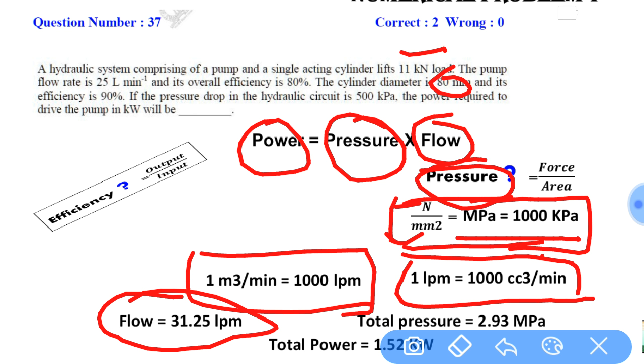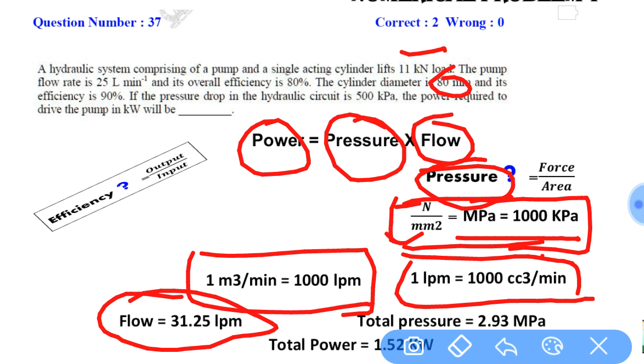So the input flow is 31.25 lpm. When I'm talking about pressure, we also have to calculate the pressure from the force and the area, and its efficiency is 90%. So what will be the pressure there? We need to divide it by 0.9.